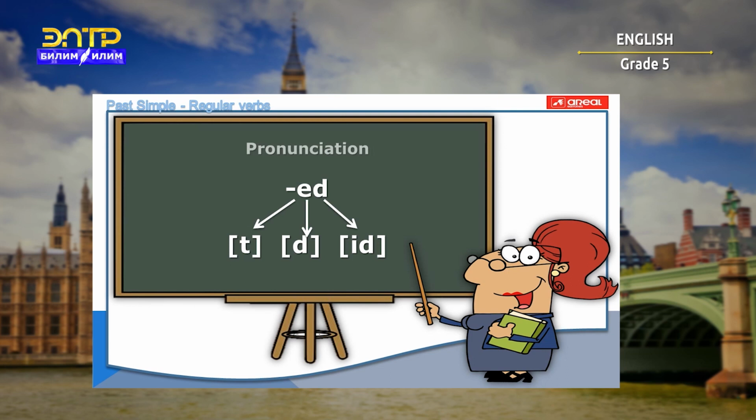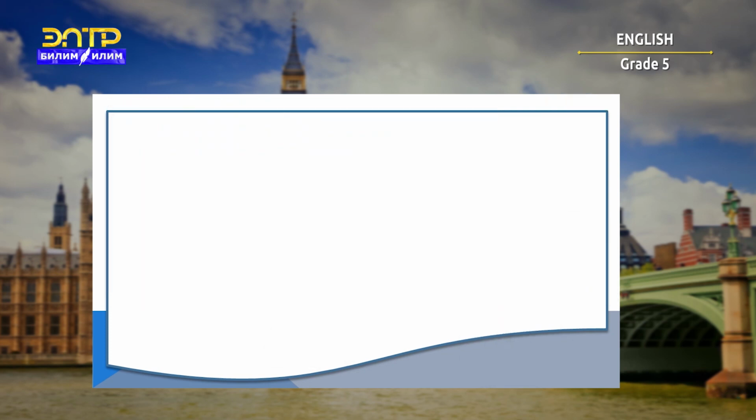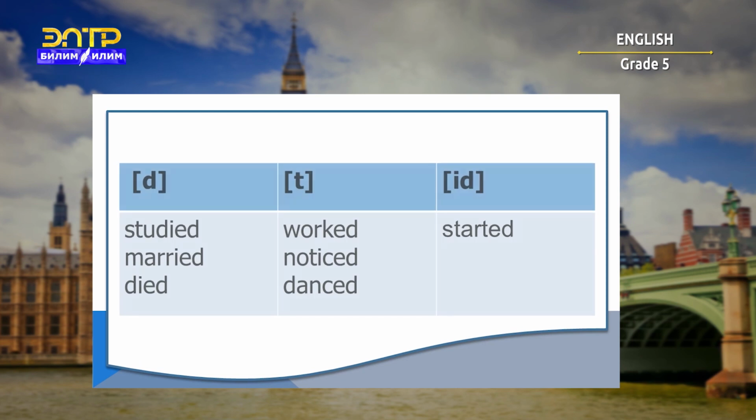The pronunciation of the past tense regular verbs depends not on the spelling but on the sound of the base form of the verb at the end. So, if the base form of the verb has a voiced sound, then we pronounce it with a d. What does it mean, voiced sound? It means when you say it, it has a little bit of vibration.